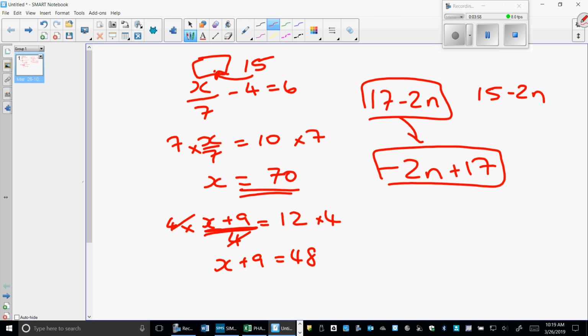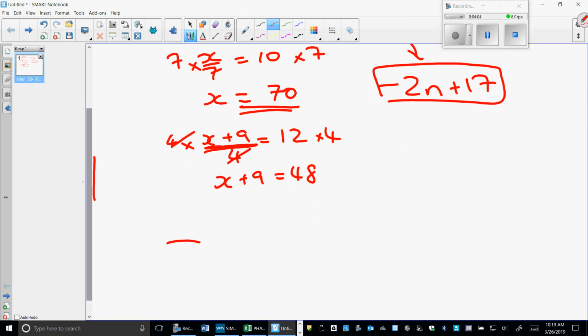The next one, B, says what's the first term of the sequence? If we had a gap, then 3, 9, 15, and we knew we were adding 6, how would we work out this number? Well, we could just work our pattern back.